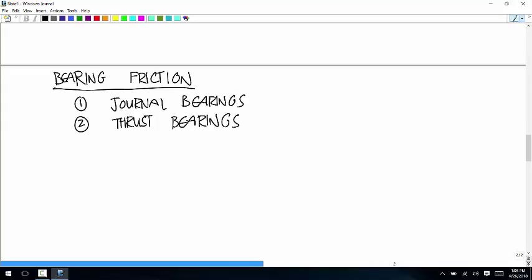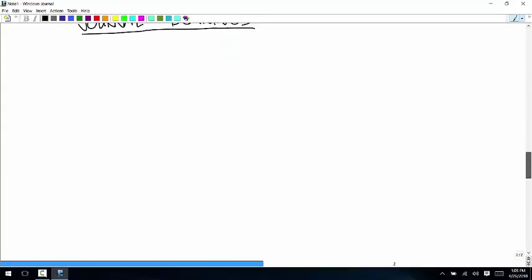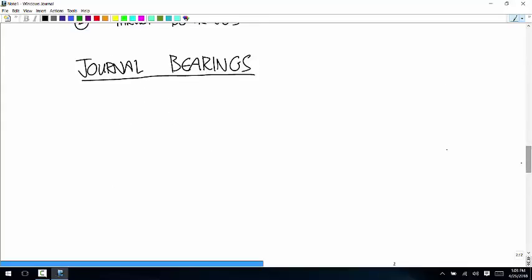So I'm going to start with journal bearings. And this is what it looks like.